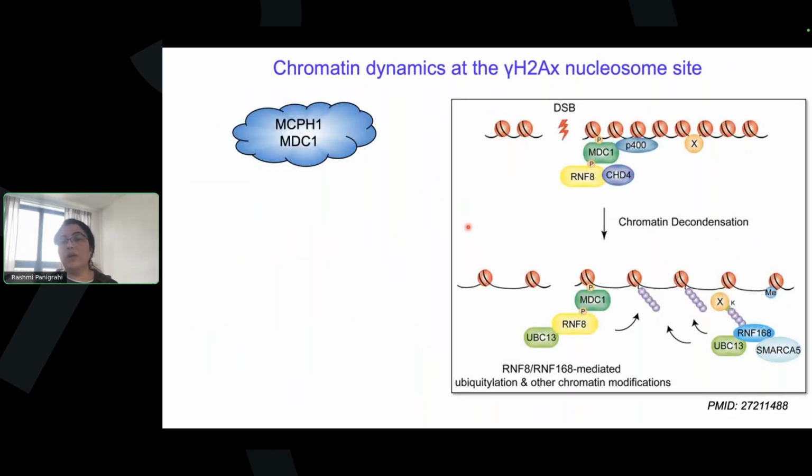Now, we also went back and looked at the literature and did a little bit of structural analysis. And literature says that after the BRCT of MDC1 recognizes the H2AX nucleosome, it recruits, using its N-terminal FHA domain, RNF8, and eventually RNF168 is also recruited to the nucleosomes for ubiquitination.